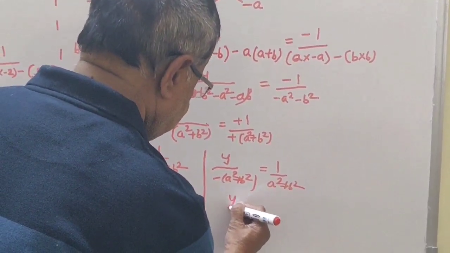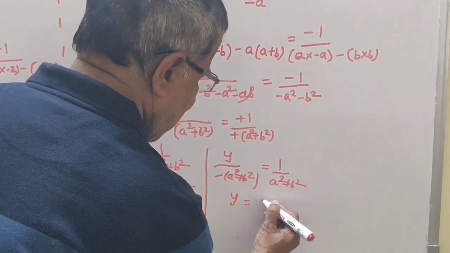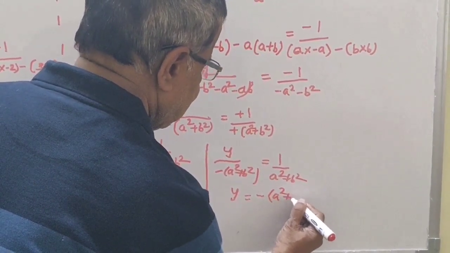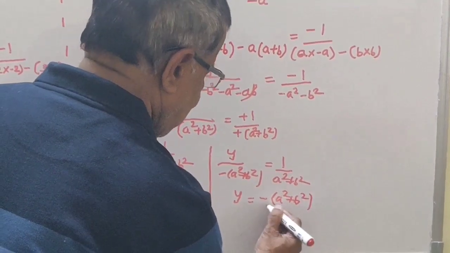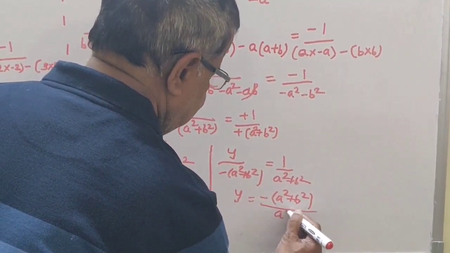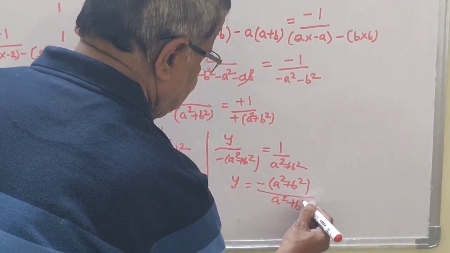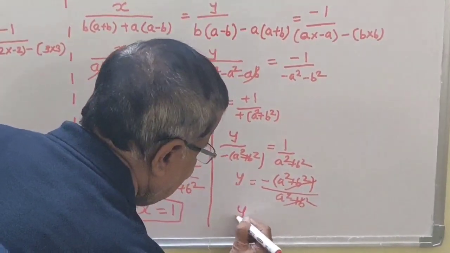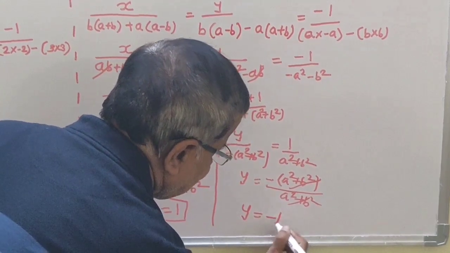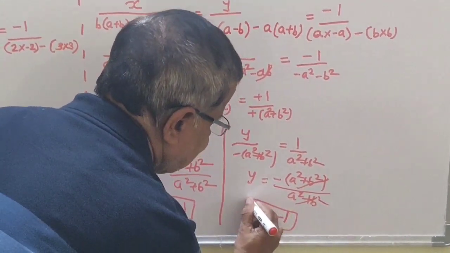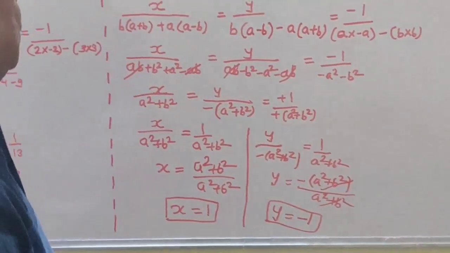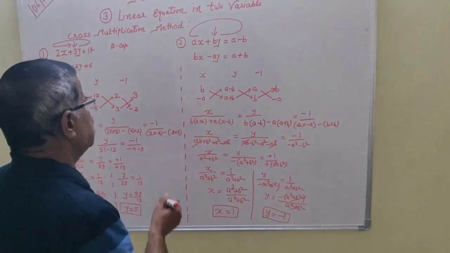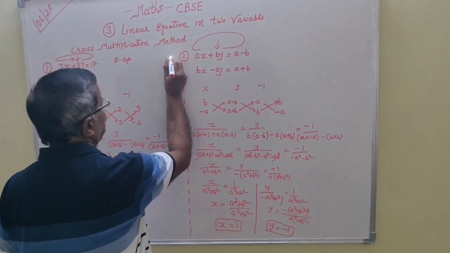So y is equal to minus a square plus b square upon a square plus b square. Now this will get cancelled. What will I get? y is equal to minus 1, and this is the required value of y for the given problem. This problem is very important from the examination point of view.